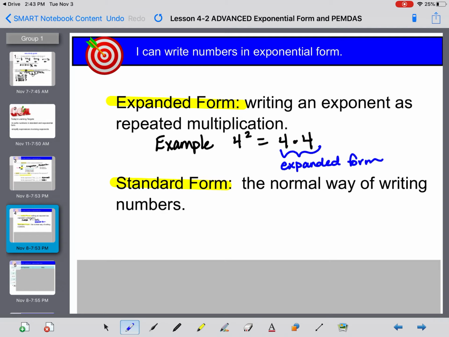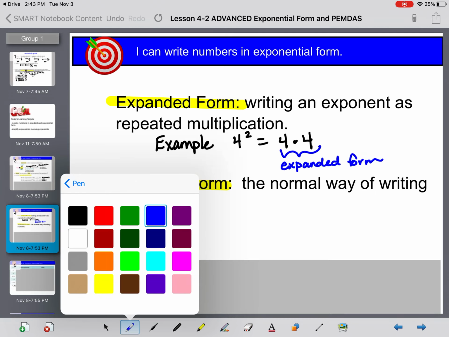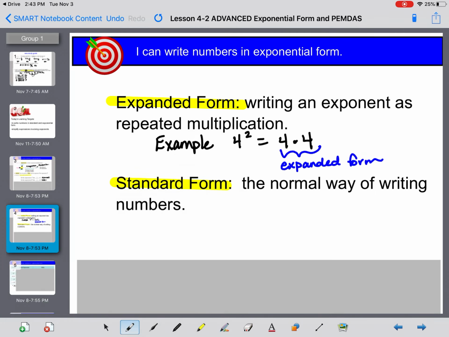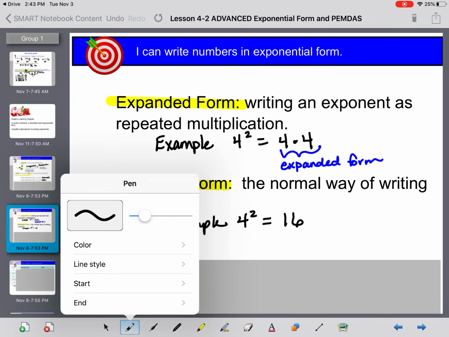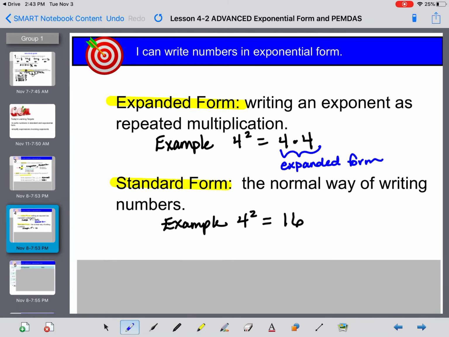Standard form is the normal way of writing numbers. So going back to our example, 4 to the 2nd is exponential form, saying that that equals 16. Now that part, the 16, that is standard form. That's the normal way we see numbers.